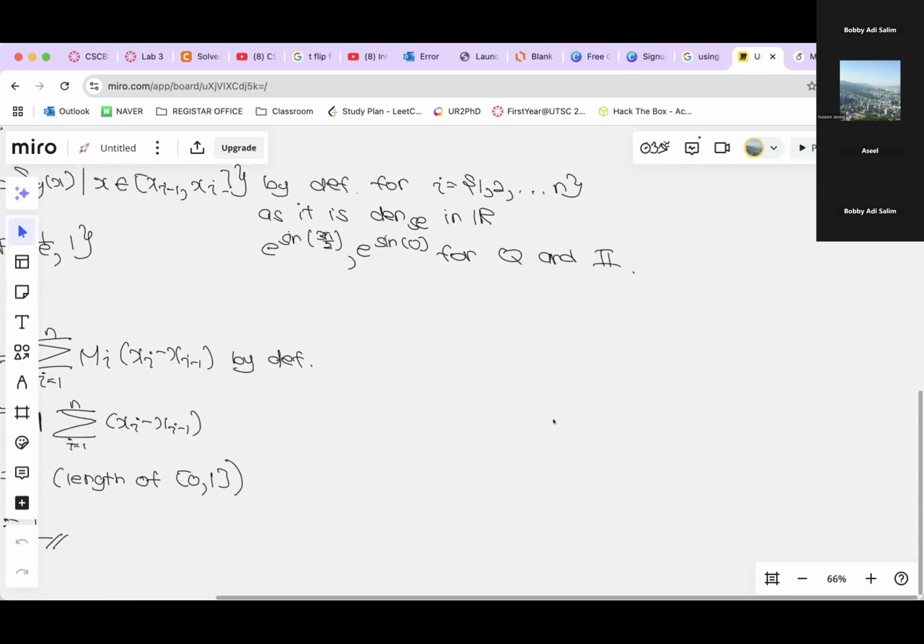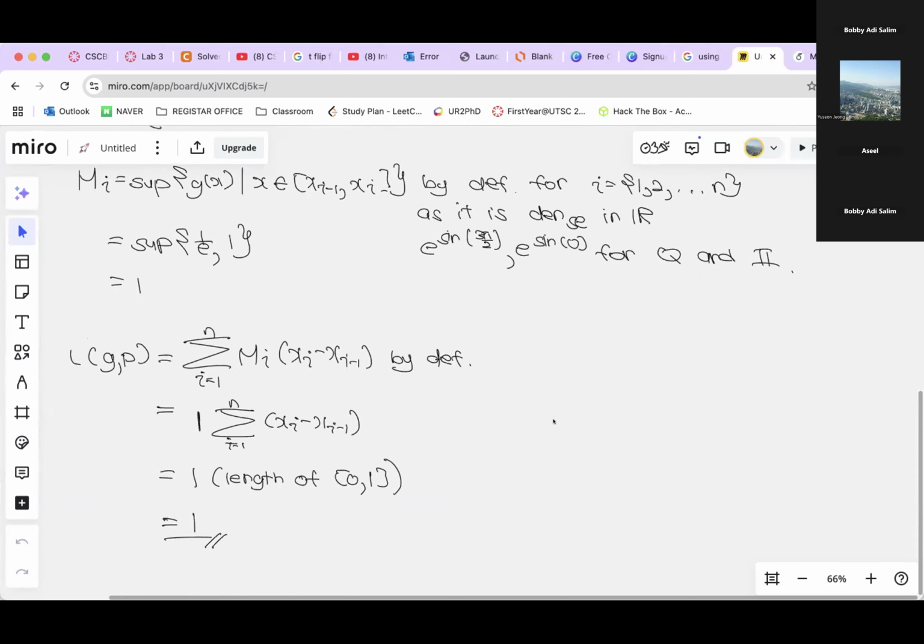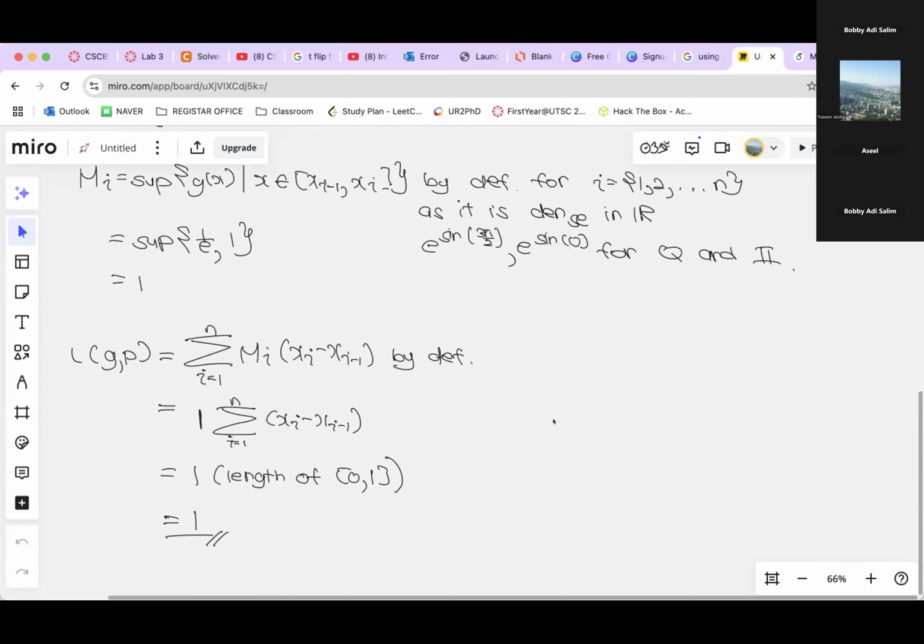So let's go to the other side. Does anyone find this confusing? Don't we use mi for the lower Darboux sum? I remember using this one. Since it's the lower Darboux sum, isn't it supposed to be 1/e instead of 1? Wait.